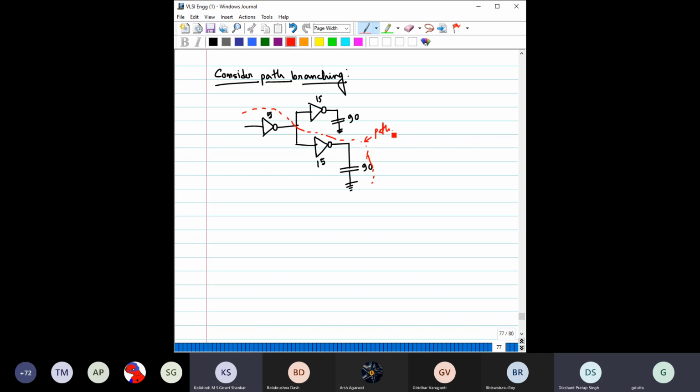As I already mentioned, when you have branching, the first observation is that branching is present.